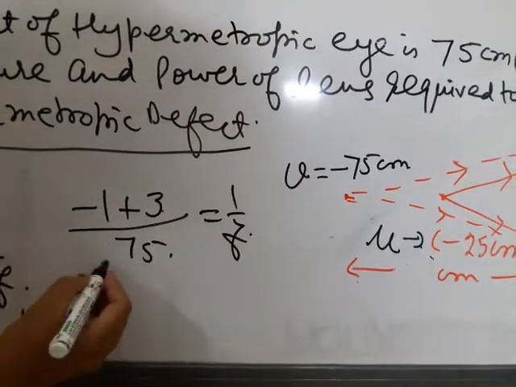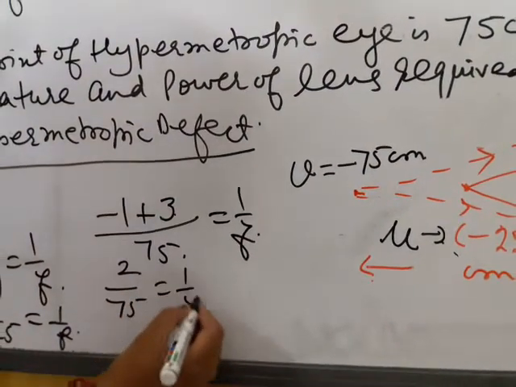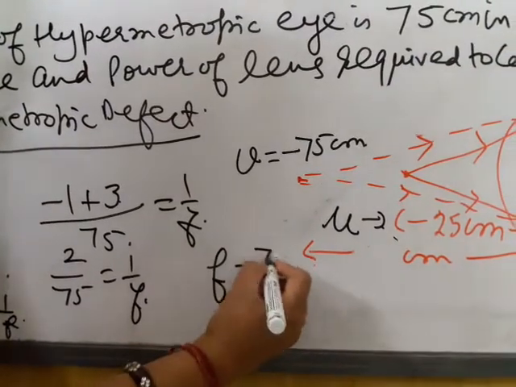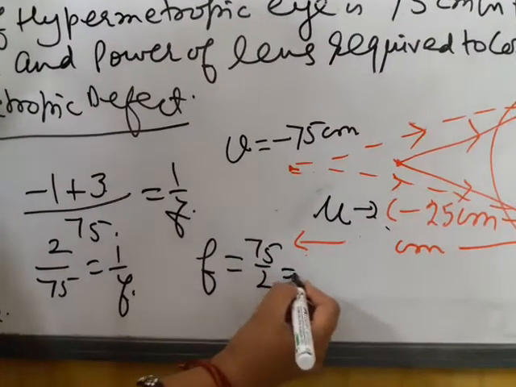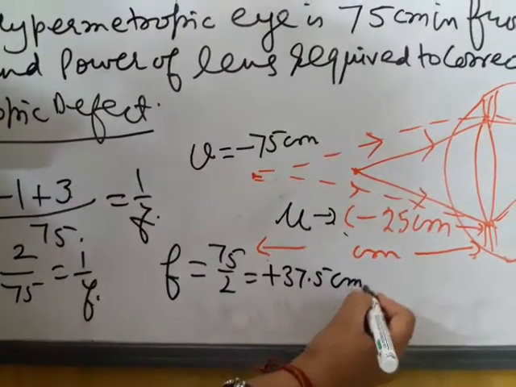So 3 minus 1 is 2. 2 by 75 is equal to 1 by f. Let's reciprocate it. It is 75 by 2, that is plus 37.5 centimeter.